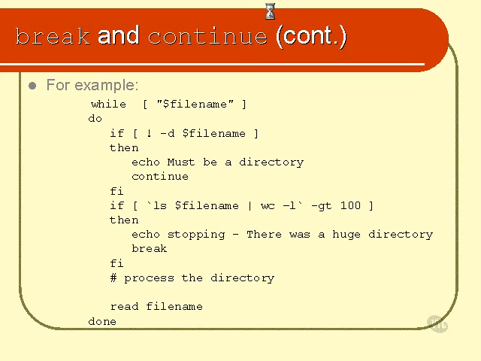Well, it assumes that the file name that they typed in is supposed to be a directory. So the very first thing that we do is we test to see whether it is, and if it's not a directory, then we simply continue, which means that we skip everything after the word continue all the way down to the done and go right back around to the while filename.